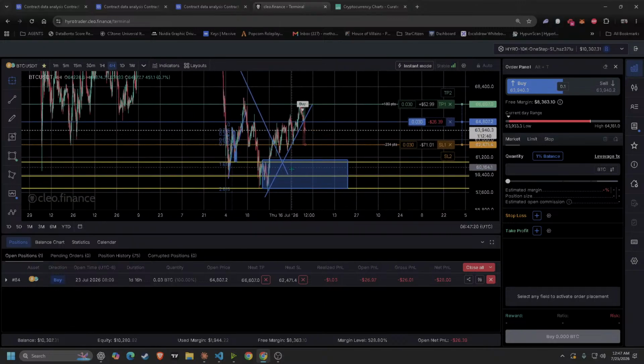The only thing I don't like is that we broke through this trend line here. It's the only thing I don't really like.